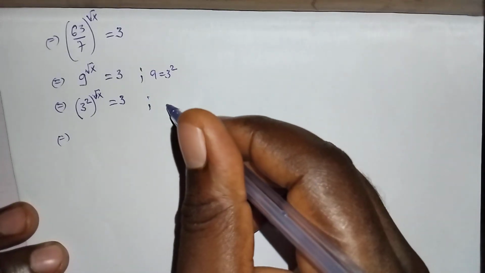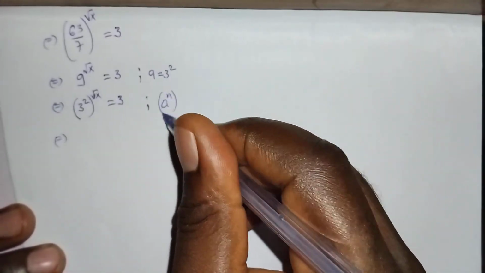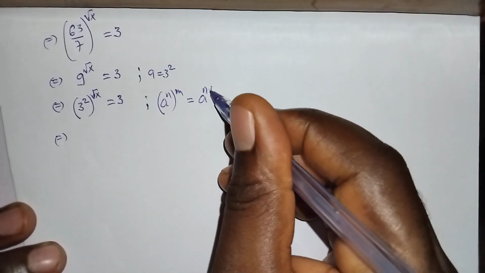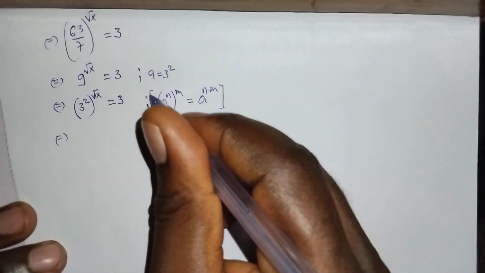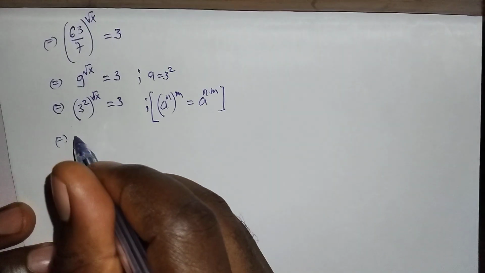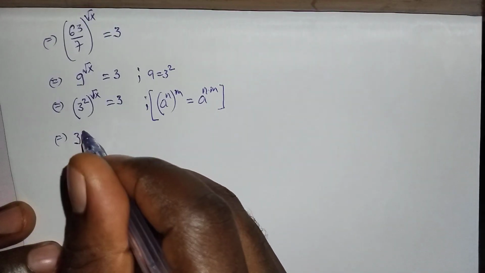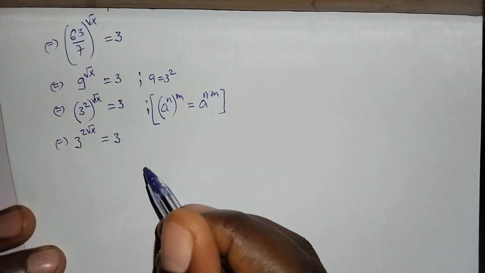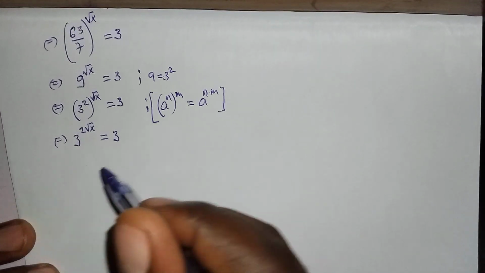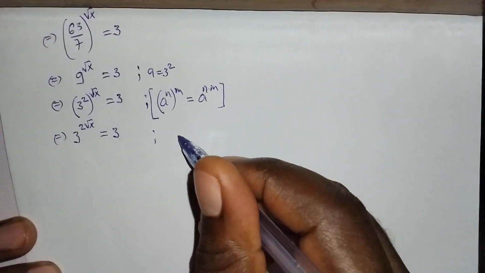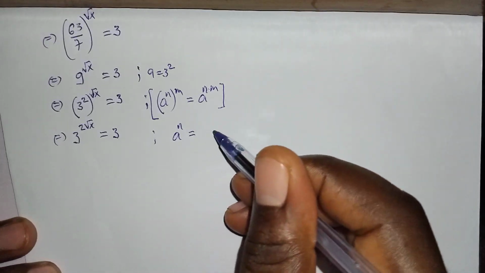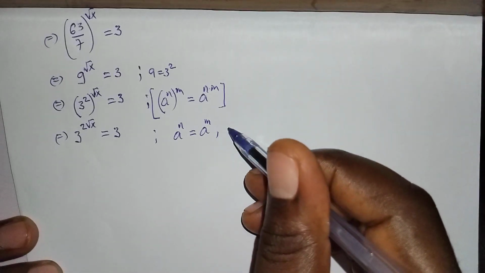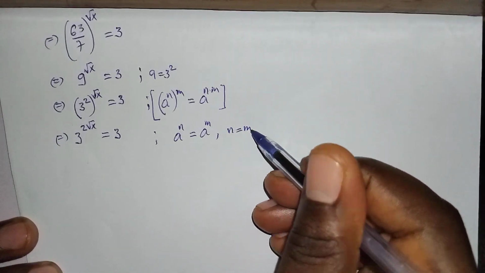From here, when you have (a^n)^m, it is equal to a^(n·m). So it is 2 times √x, which is equal to 3^1. And from here, when you have a^n equal to a^m, it means n is equal to m.